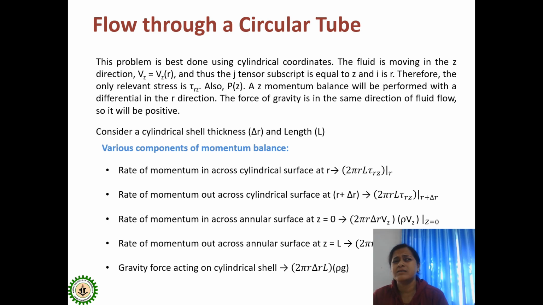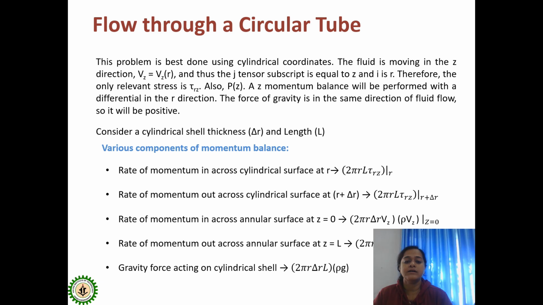After that, we formulate various components of the momentum balance. First, the rate of momentum in across the cylindrical surface at radius r is 2 pi r L tau rz at r, and the rate of momentum out across the cylindrical surface at r plus delta r equals 2 pi r L tau rz at r plus delta r.